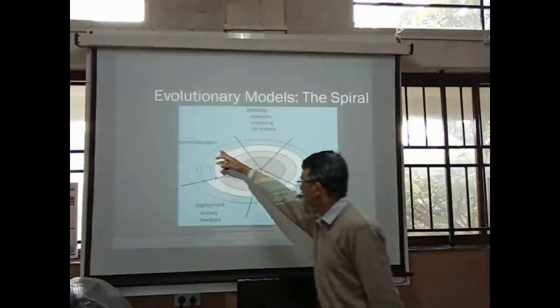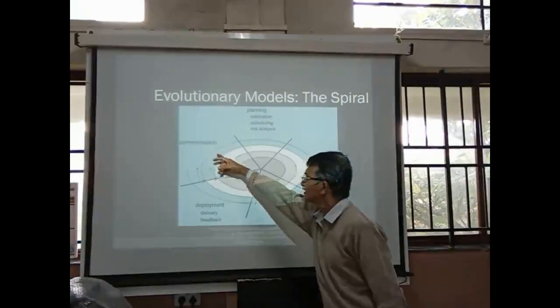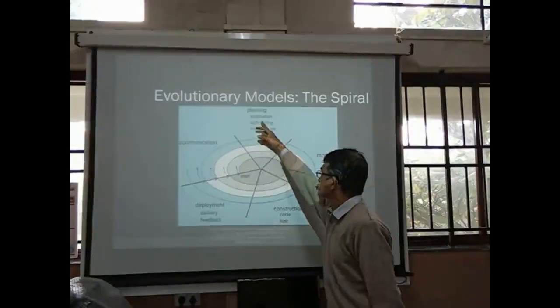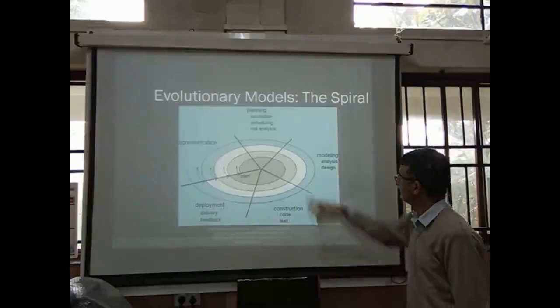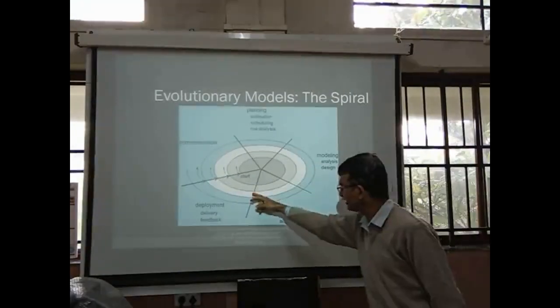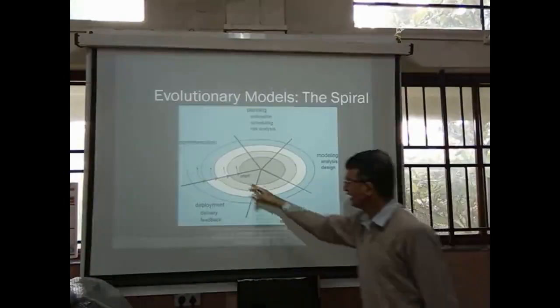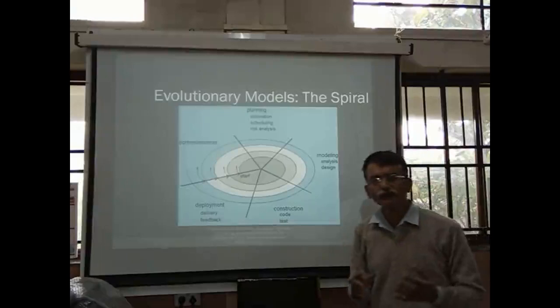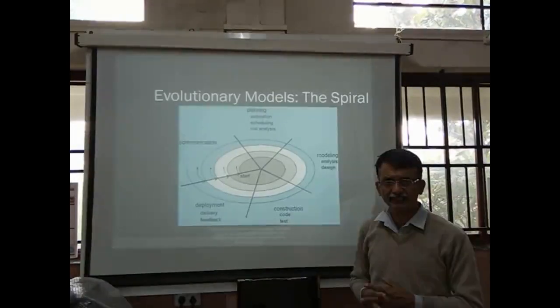So now this phase or this segment is called the communication segment. This segment is called the planning segment. This represents modeling. This segment represents construction. And this segment represents deployment. So all the 5 framework activities are taken care of.